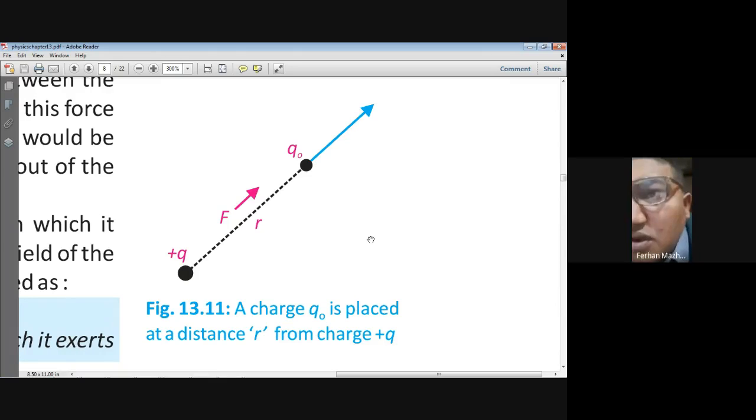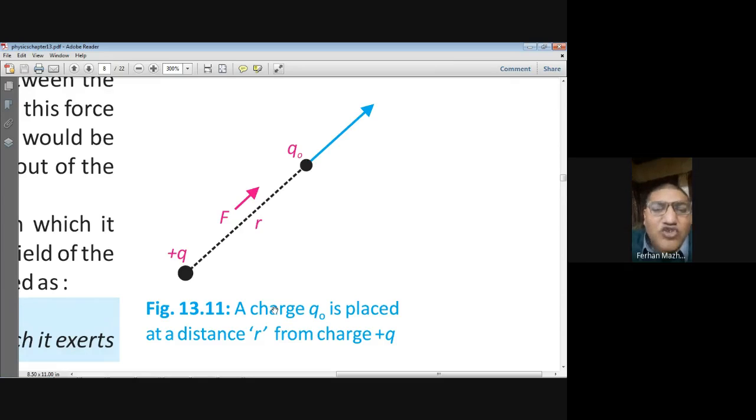It will definitely experience an electrostatic force of attraction, or it might experience an electrostatic force of repulsion.